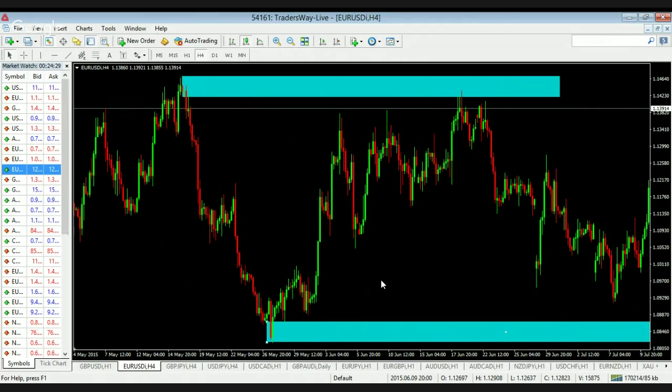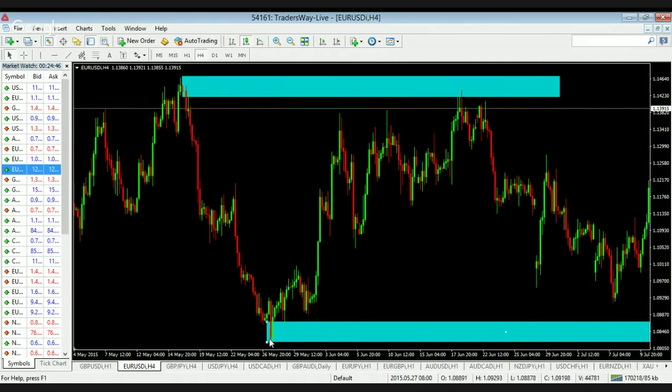In the supply zone, the previous candlestick was a small bullish one, and the next candle engulfed it. It was a long strong candle, and it shot price all the way down.